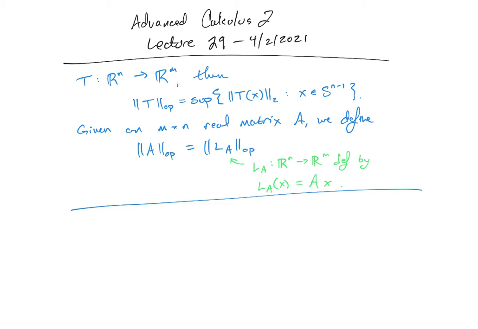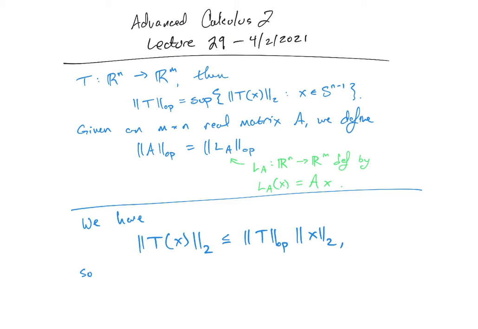So if you want to bound the 2 norm of T of X, that is at most the operator norm of T times the 2 norm of X. That's really the definition of what the operator norm is attempting to capture, is how much do you stretch vectors.